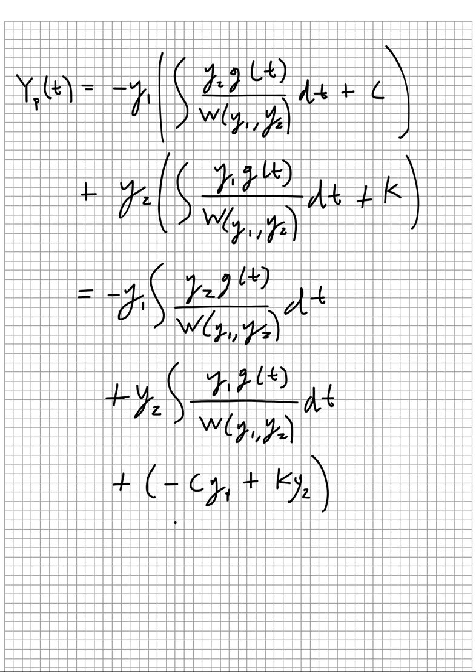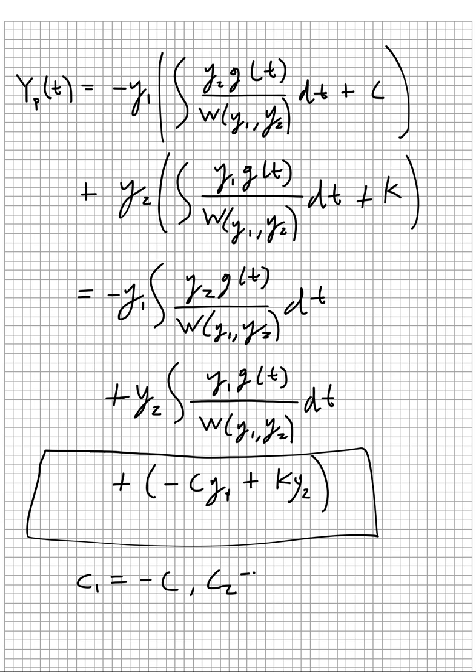The final quantity in the parentheses is nothing more than the complementary solution with C1 being equal to negative C, and C2 being equal to K. Can you see that?